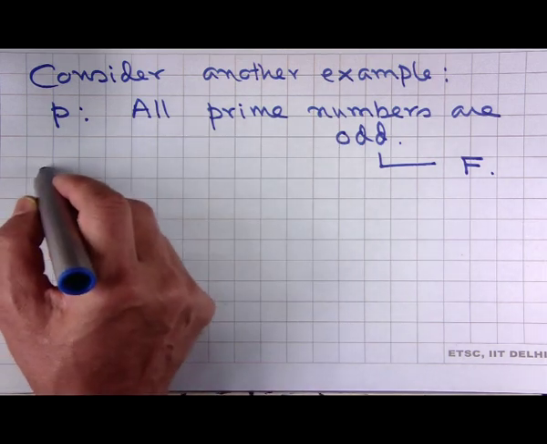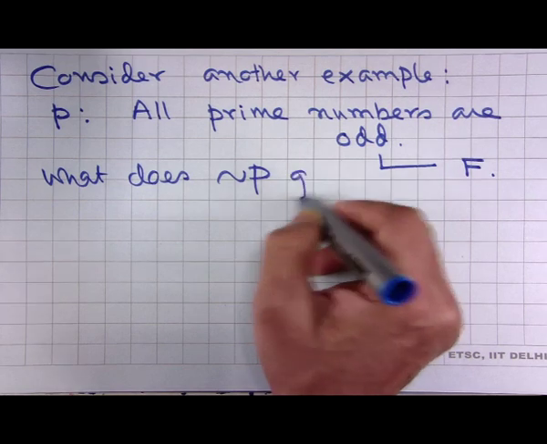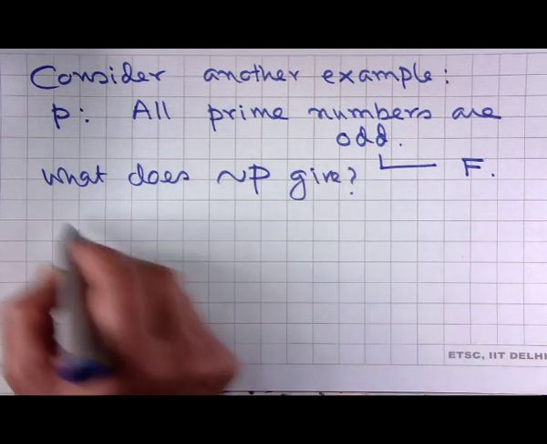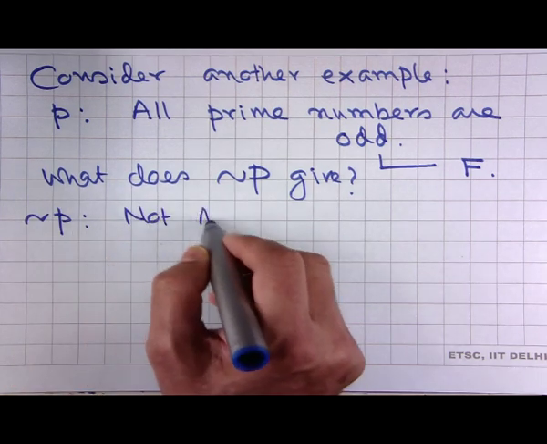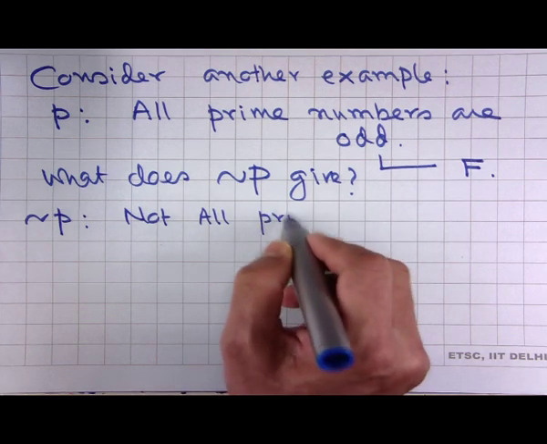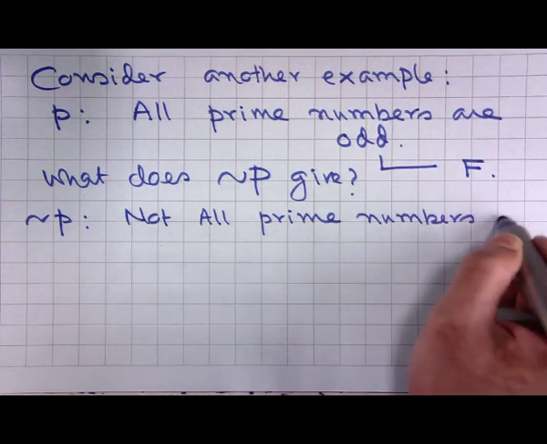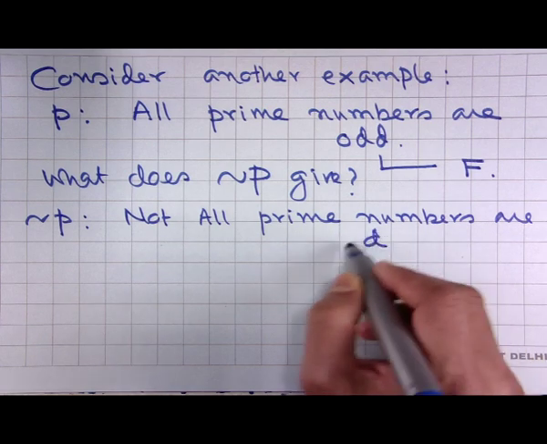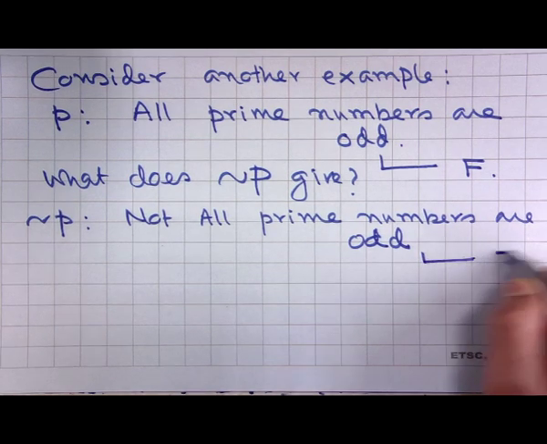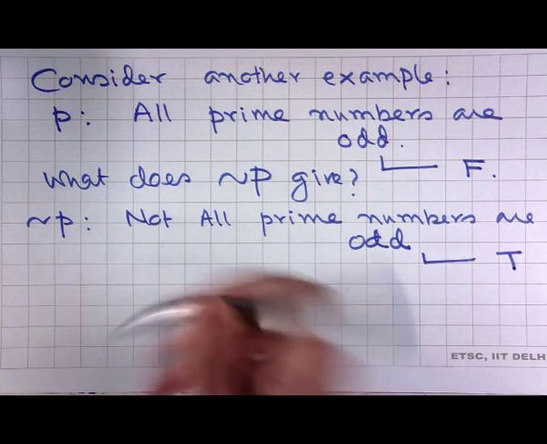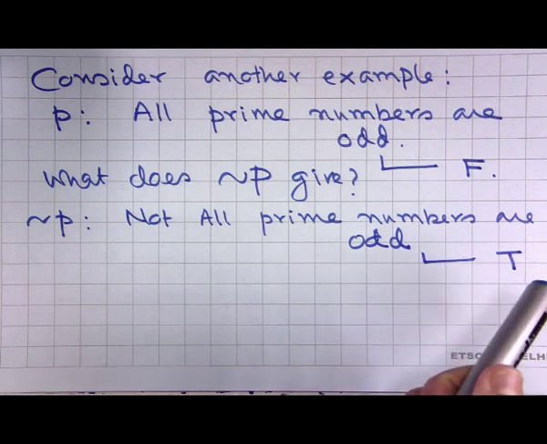So, what does negation of p give? So, not p is: not all prime numbers are odd, and it should get the truth value t, because original p has a truth value f, therefore not p gets the truth value t.